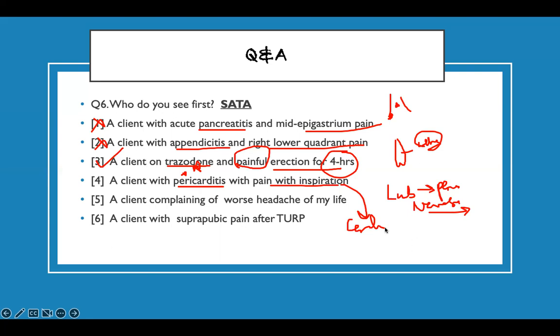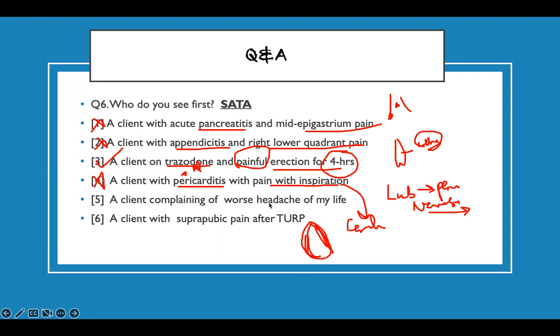You hear muffled heart sounds, JVD, hypotension. Pericarditis is inflammation of the pericardium that will compress the heart. The heart cannot pump. So you have muffled heart sounds, JVD, hypotension, that's tamponade. That's a B-sharp moment. No, this is just pain with inspiration. I'm not worried about it. I'm not choosing you. You're not losing your life and limb.